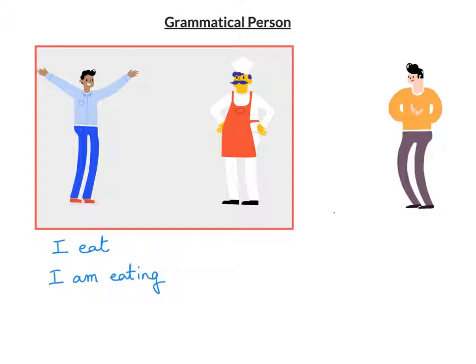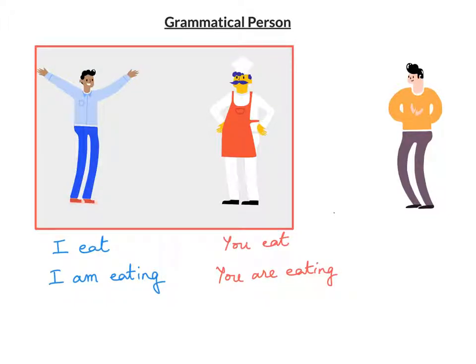Now, if he wants to talk about the eating that this chef does, and he's talking to him, what would he be saying? He would be saying something like, you eat. And he'll be saying, you are eating.